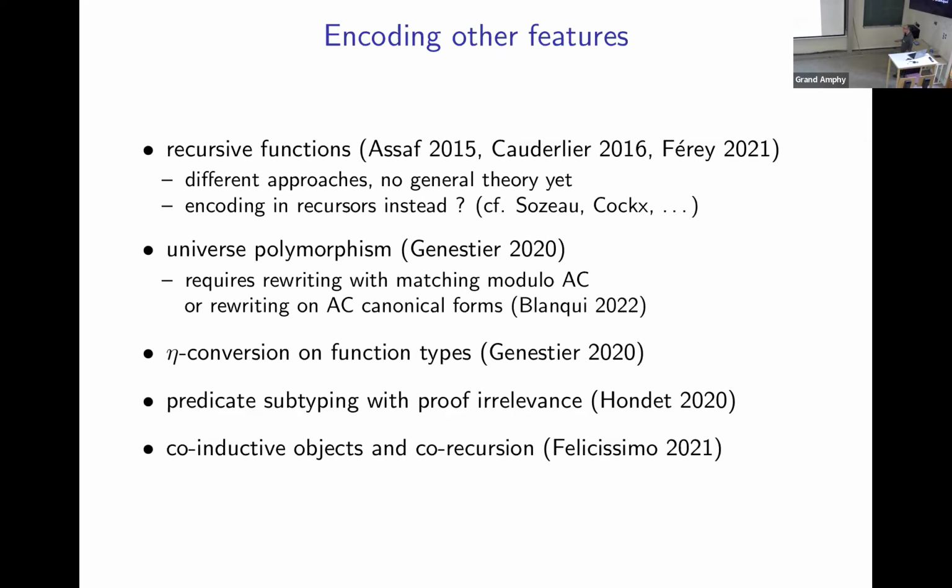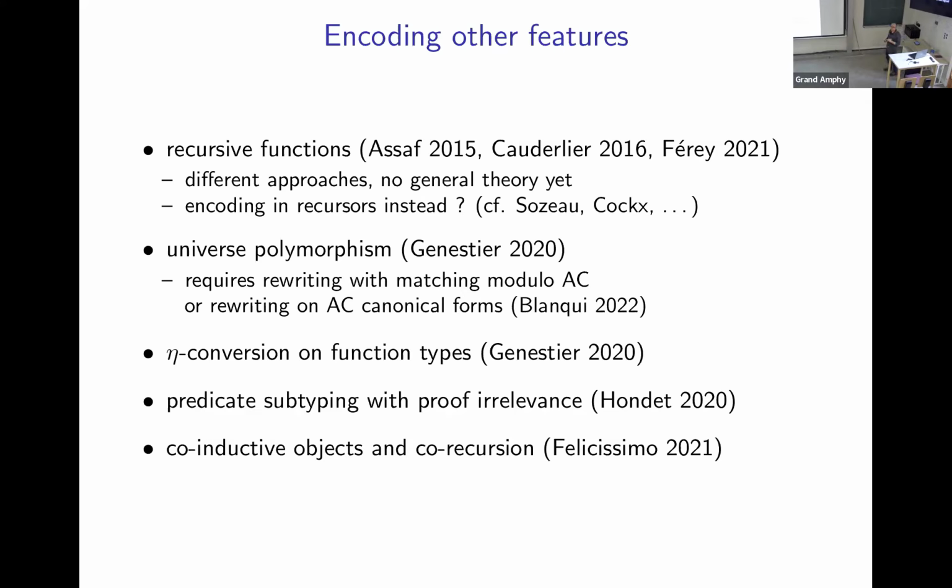Also, in various systems, it's possible to quantify not just on types, but also on universes. We have seen that, for instance, in Agda or Lean, you have an infinite hierarchy of universes. And it's possible to actually use variables for universes and quantify on those variables. And how to handle this?